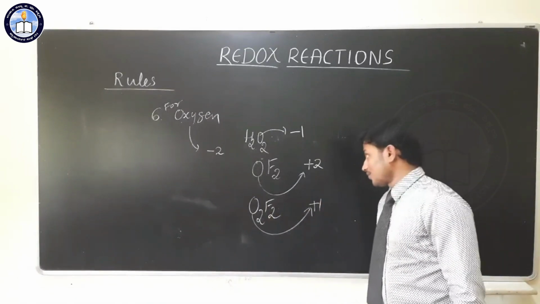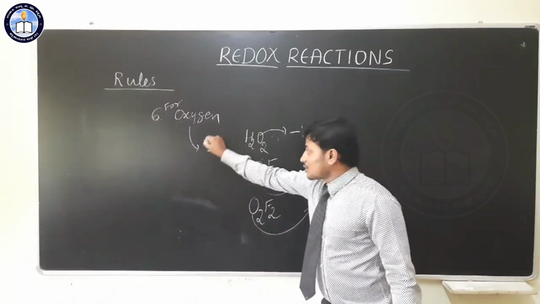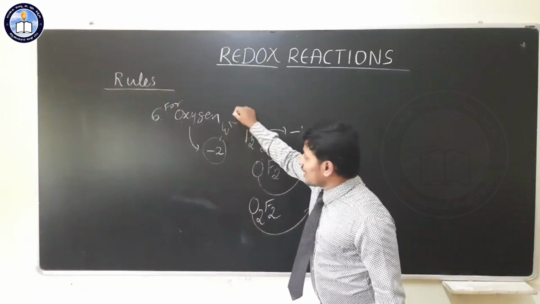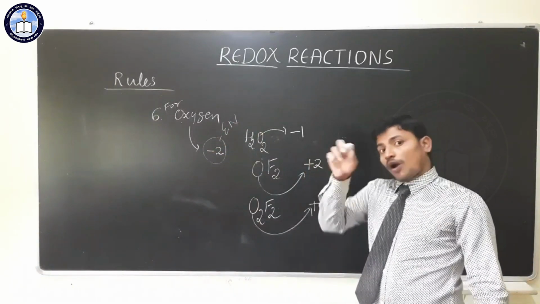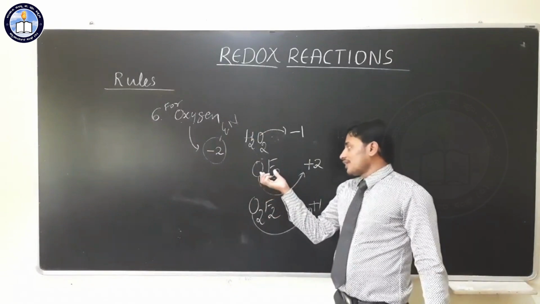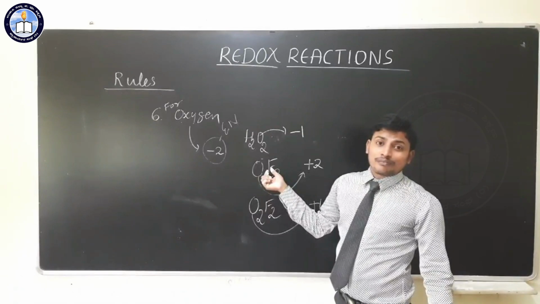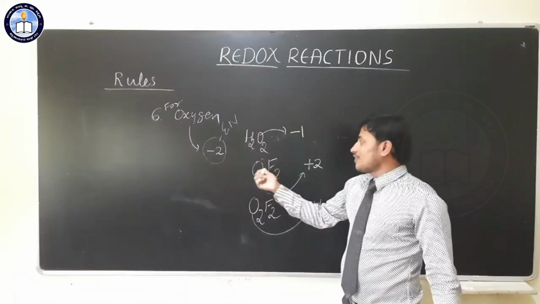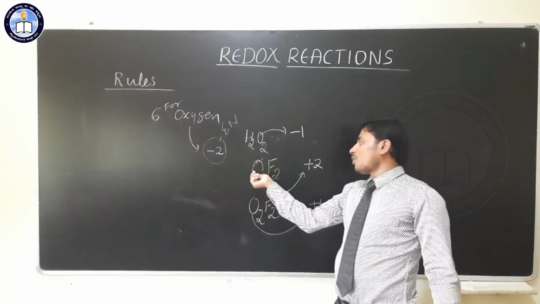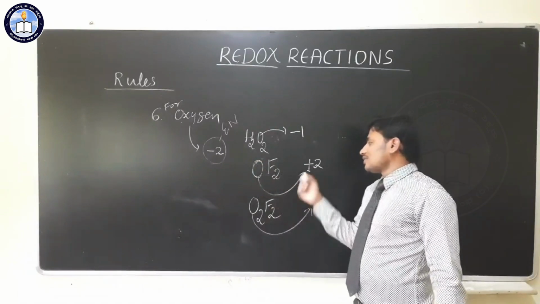The reason is, no doubt oxygen is an electronegative element, but when it combines with fluorine, F is more electronegative compared to oxygen. Therefore we have to put a positive charge on oxygen.